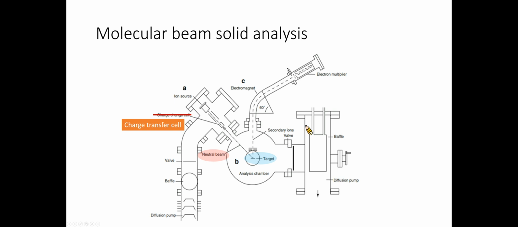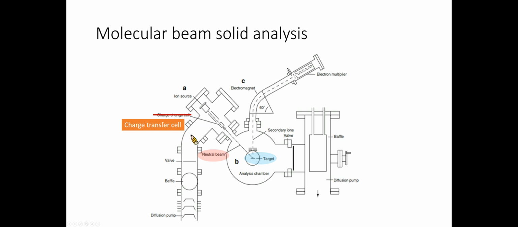Molecular beam solid analysis is the first technique to use a beam of energetic neutrals, usually argon or krypton, to achieve sputtering and ionization of solid samples. The noble gas was first ionized in the primary ion source.